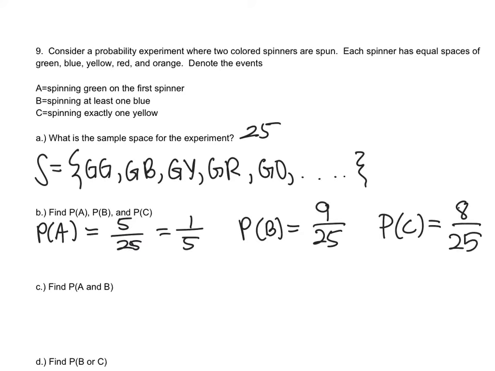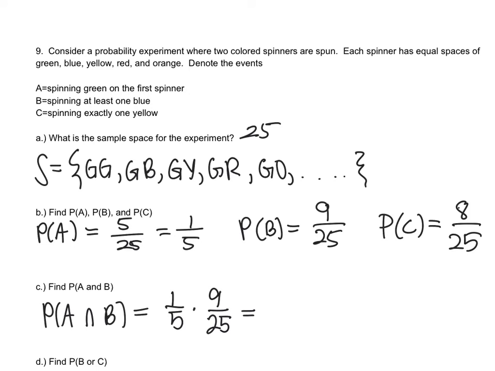Okay. Next, we want to find the probability of A and B. So that's the probability of spinning green on the first spinner and spinning at least one blue. So the probability of A and B is the probability multiplying them together, so 1/5 times 9/25.